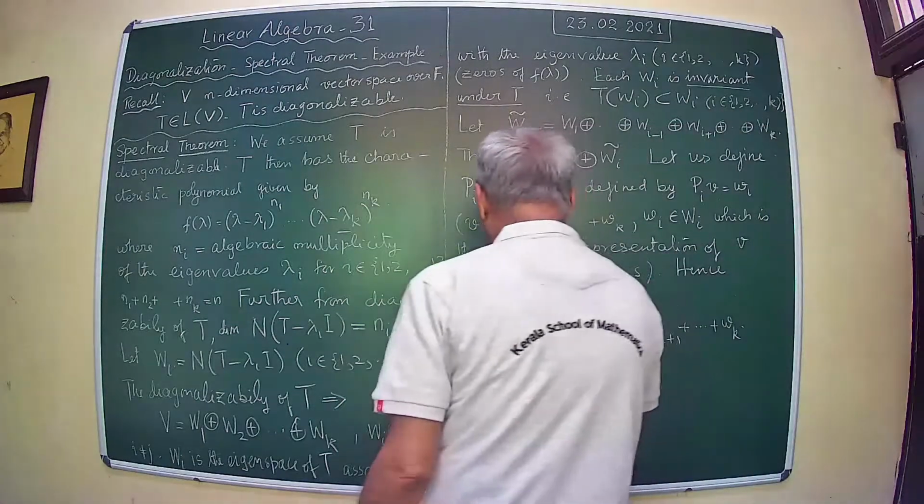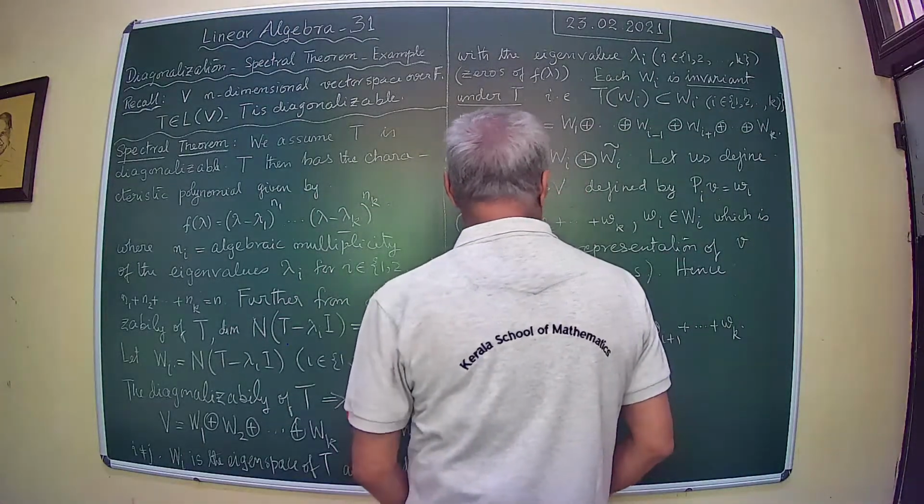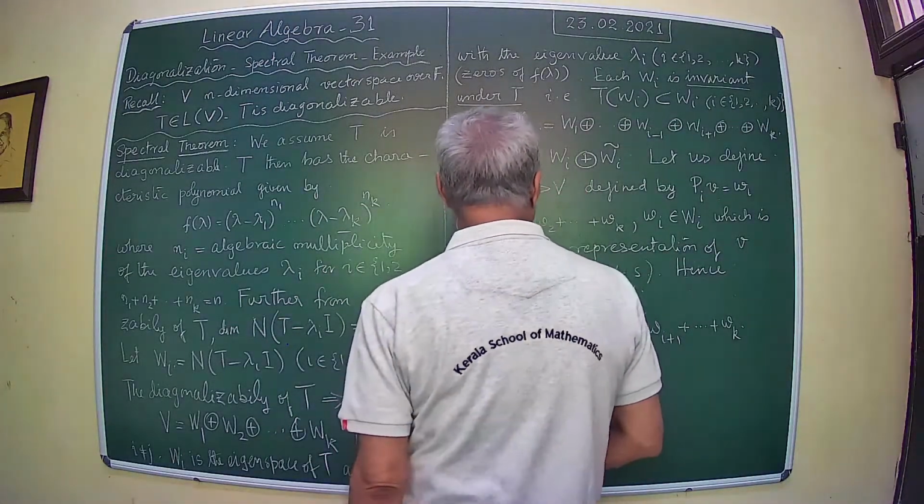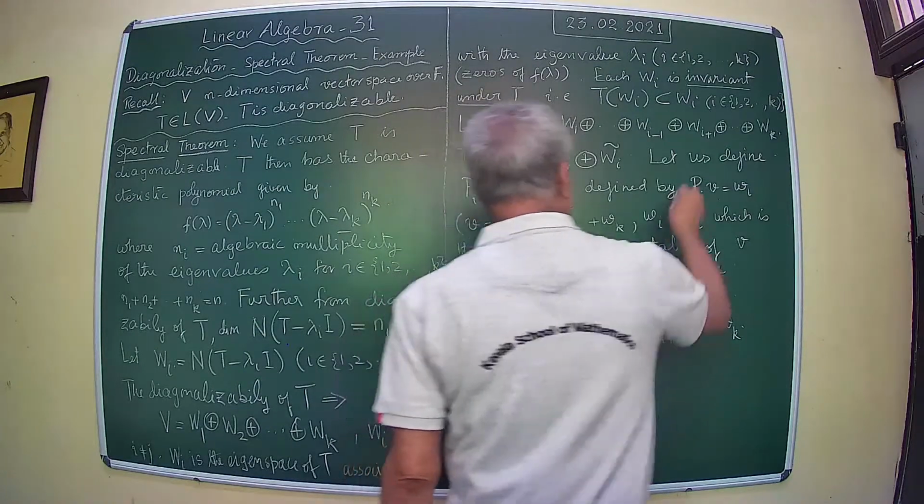Therefore, Pi of v equals wi; this is the definition.